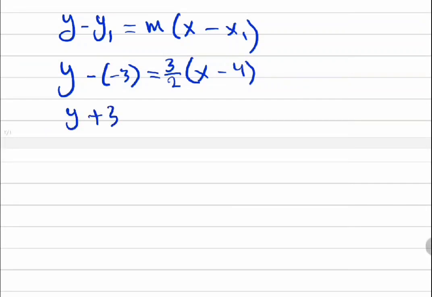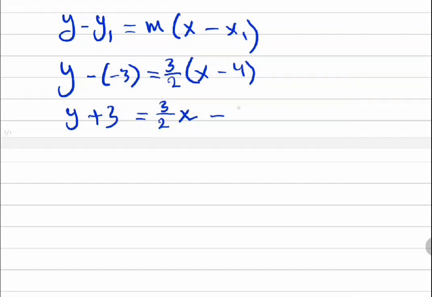And let's distribute the 3/2 to x minus 4. 3 over 2 times x, that's going to be 3 over 2 x. And what's 3 over 2 times 4? So 3/2 times 4 over 1. 3 times 4 is 12. 12 divided by 2 is 6.